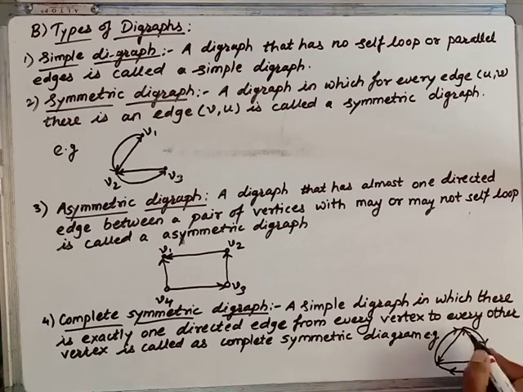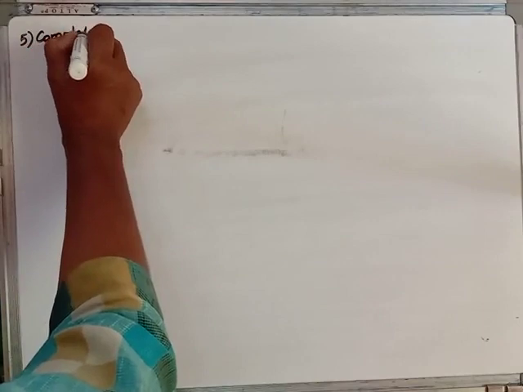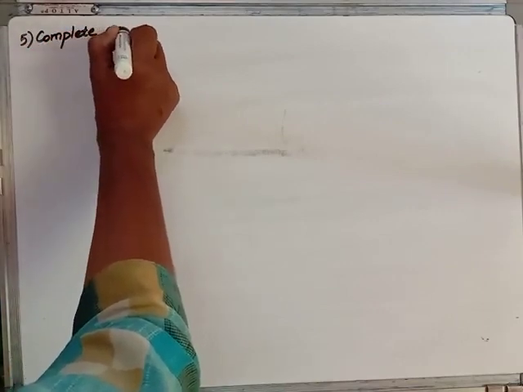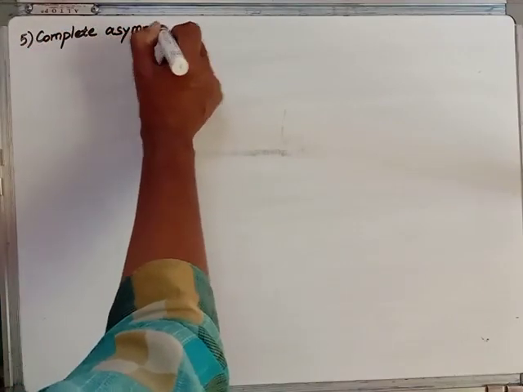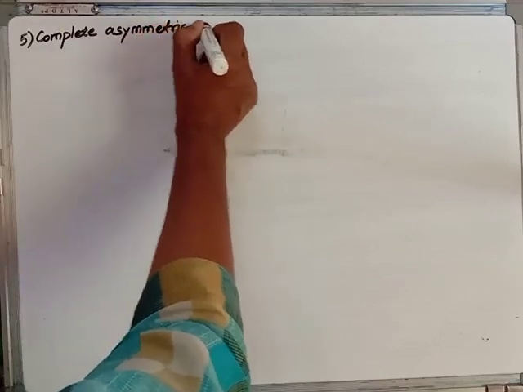This is an example of a complete symmetric digraph. Next, complete asymmetric digraph.